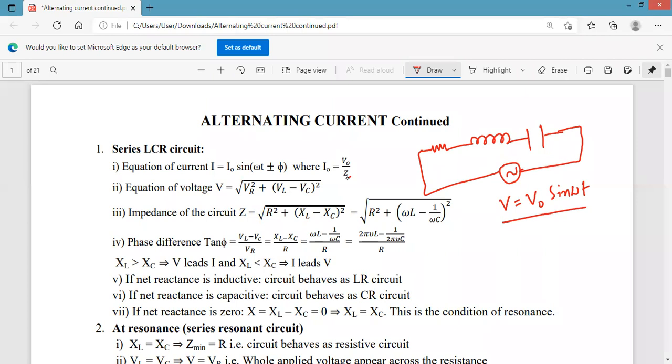Now the equation of voltage. The voltage across the source V is equal to square root of VR square plus VL minus VC whole square.